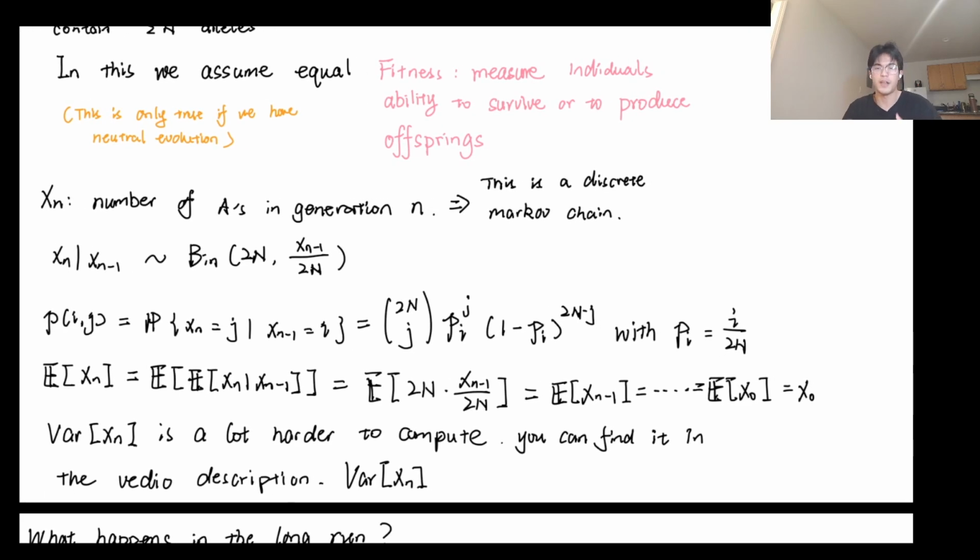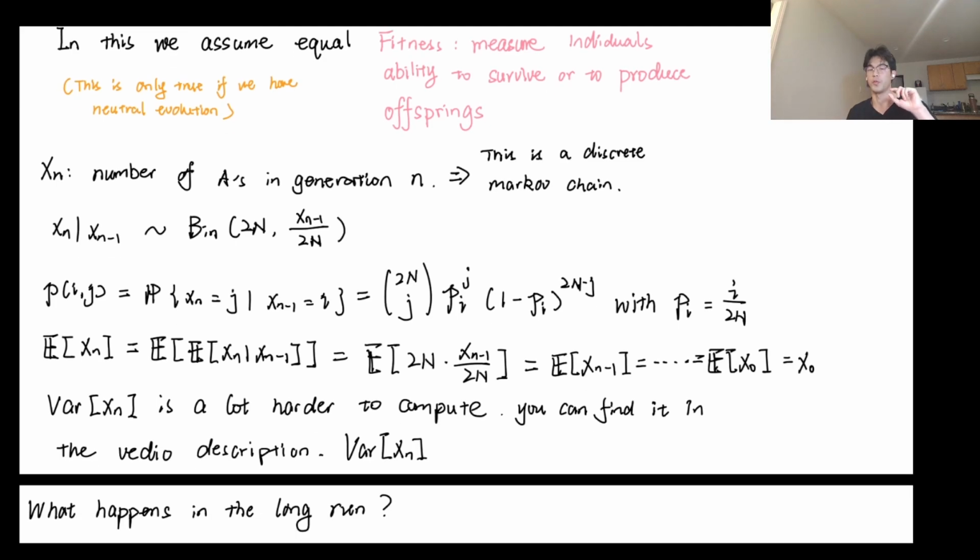This is actually a very interesting property. If you know martingale, this is actually a martingale with respect to itself. If you don't know martingale, it's perfectly fine. I'm just mentioning it here if it helps you understand. This is called the martingale property, and we'll be using this property later when we are trying to prove fixation probability.